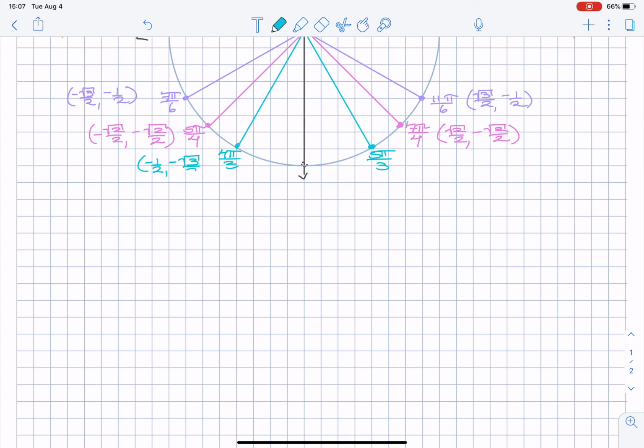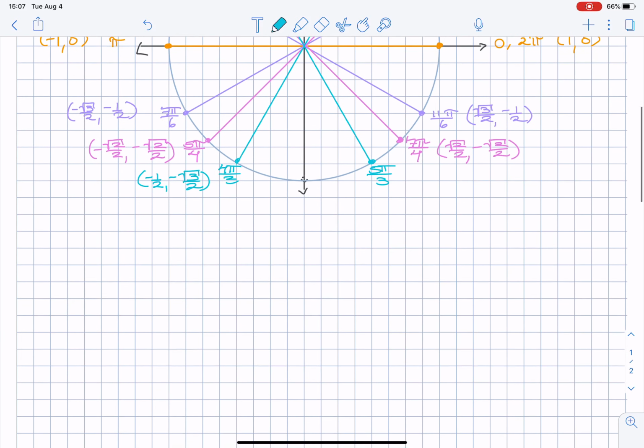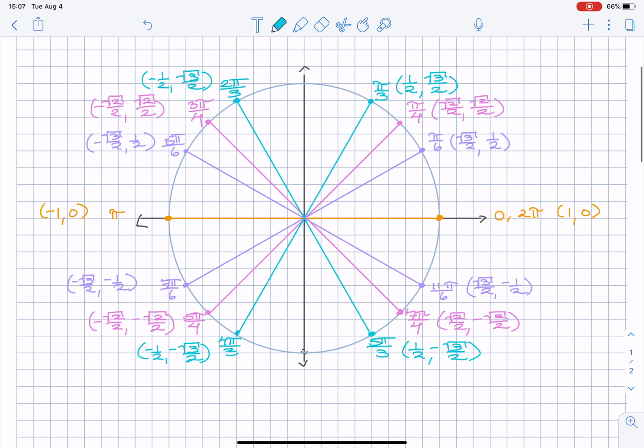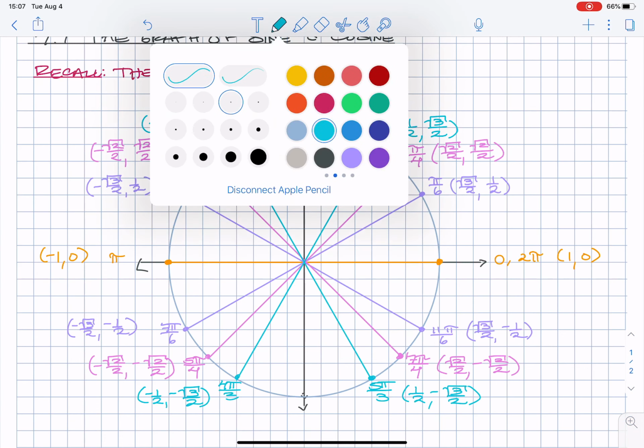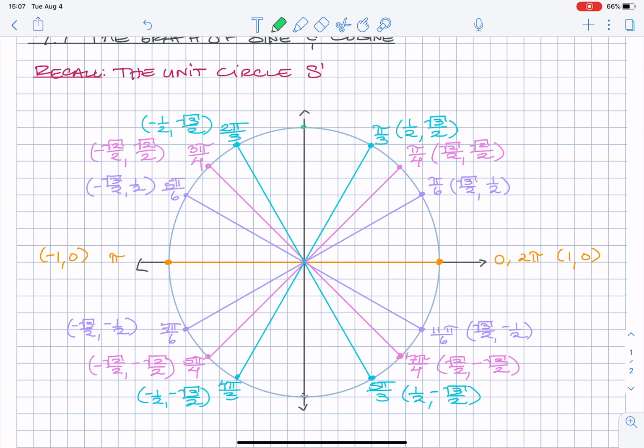And I want you to notice how the 30 degrees and the 60-degree reference angles, they swap their x and y coordinates, right? Because they're 30, 60, 90 right triangles. The other coordinate, of course, is 30 and 60. Okay, so last but not least, let's do our pi over 2's.